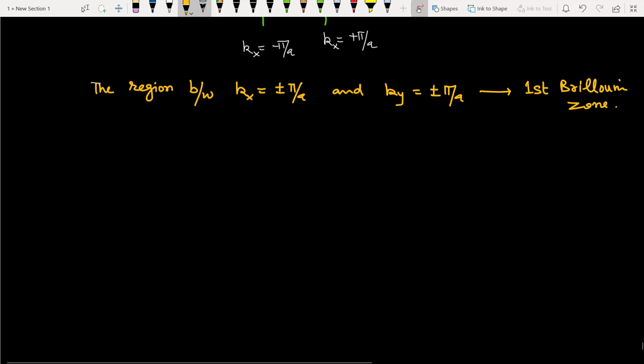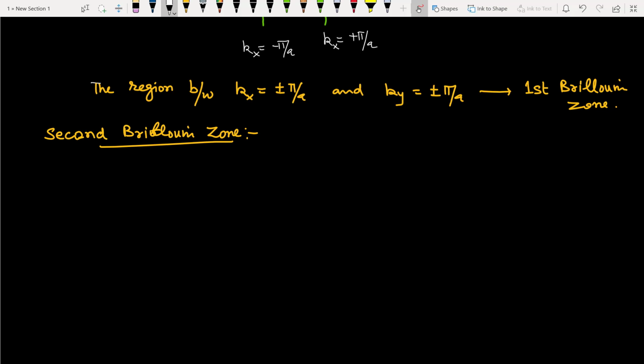Now we try to draw the second Brillouin zone. For the second Brillouin zone, we substitute h is equal to plus minus 1, k is equal to also plus minus 1 in equation number 3.